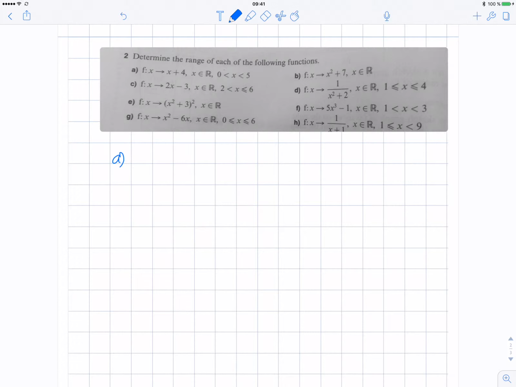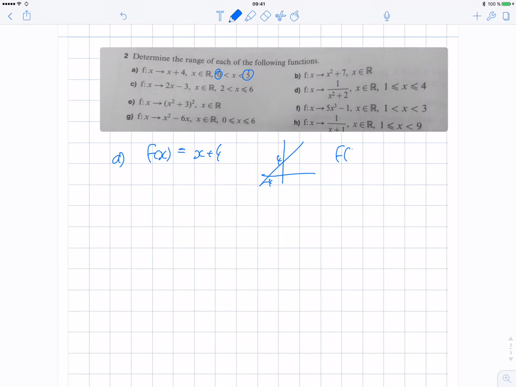Well, first, it helps if you know what the functions look like, and I think it's a good idea that you should know very quickly x plus 4 looks like this. It goes through at 4, and that goes through at -4. So we know when we restrict it, the smallest value of it is when x is 0, and the largest value is when x is 5.